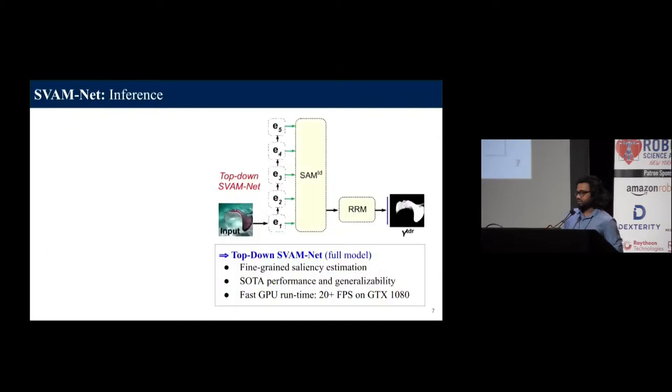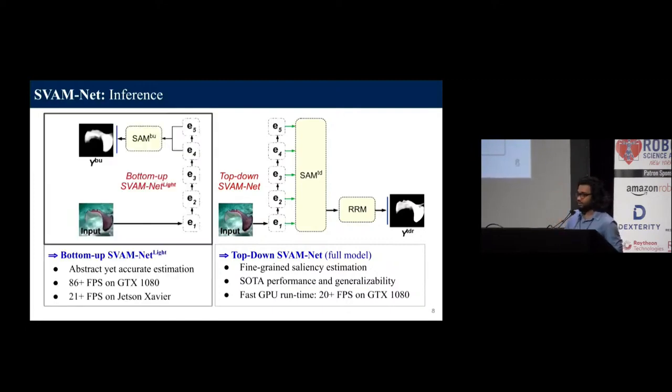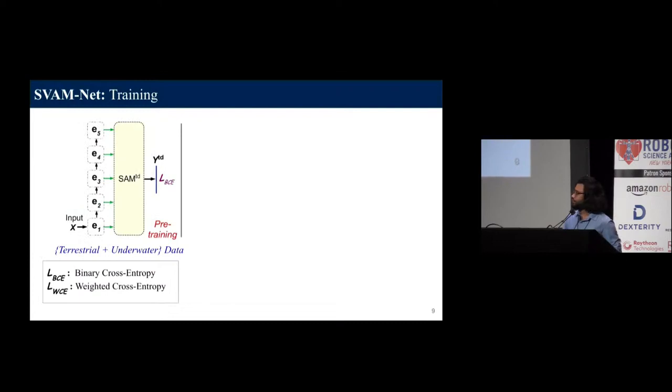We achieve this by 2-step training. Before training, let's discuss this. This is our full model. Input goes to encoders, then decoders and refinement modules, and the output. This gives us 20 frames per second on a 1080 GPU. And this is our light model. Input goes directly to the encoder and the shallow branch. This gives us 21 frames per second on Jetson Xavier, which is equivalent to 86 frames per second on a 1080 GPU.